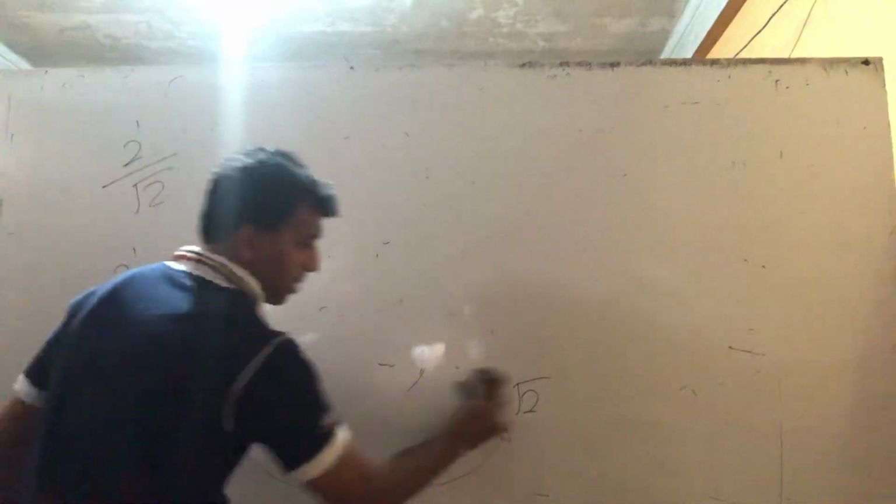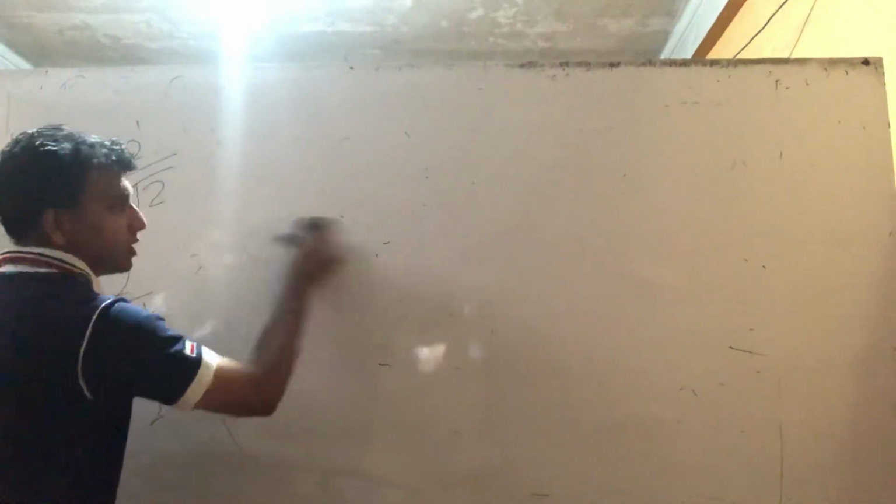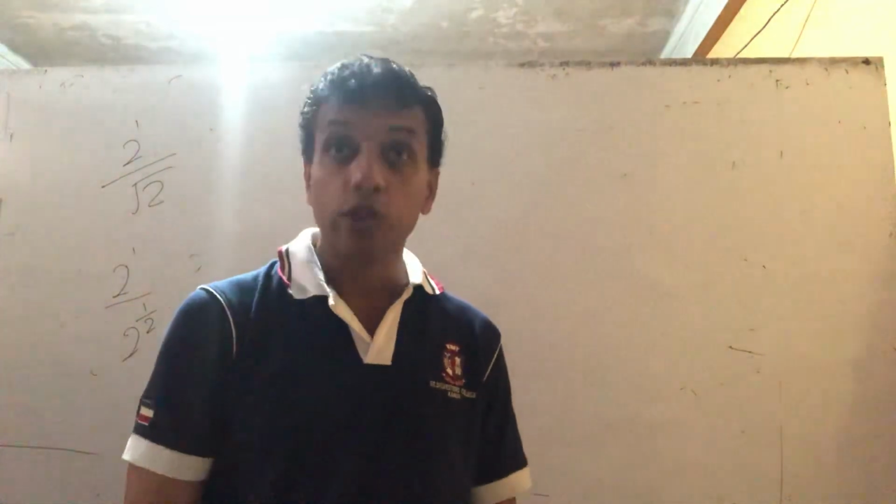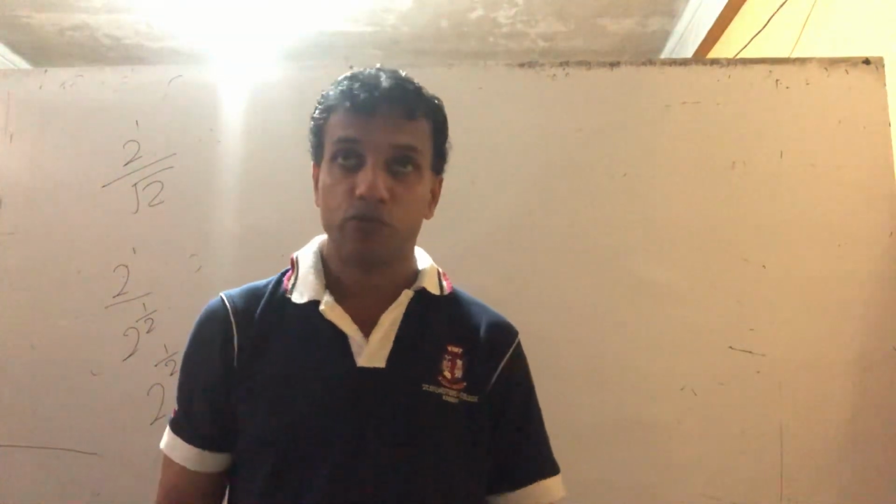Okay, then I will show some more problems. So still we learn only one formula: Tn equals A R to the power n minus 1. Right. Okay.